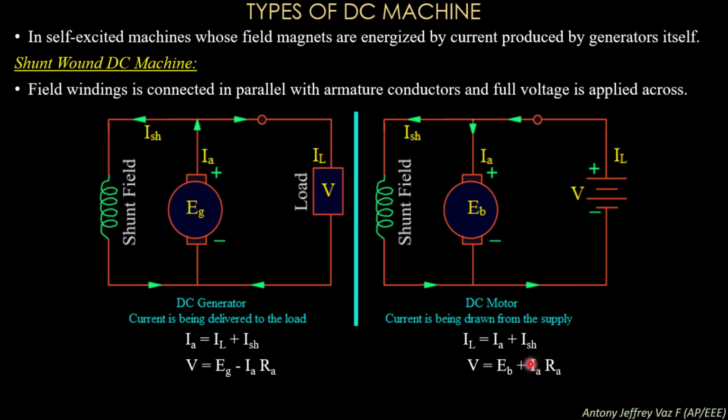Whereas in the case of a DC motor, the voltage which you supply to the motor is more, because it has to drive the back EMF as well as the armature drop IaRa. So V is equal to EB plus IaRa.